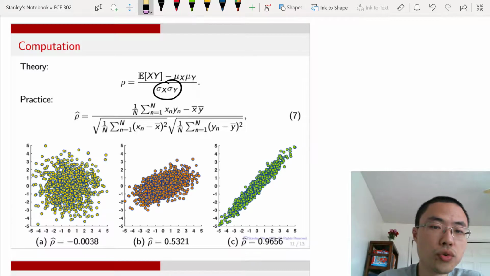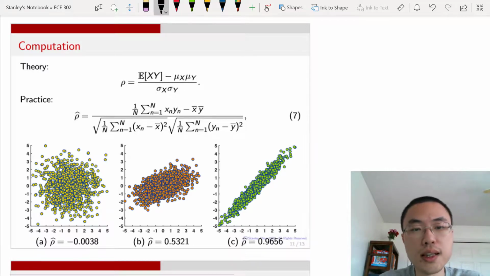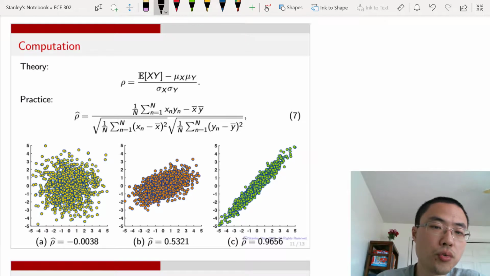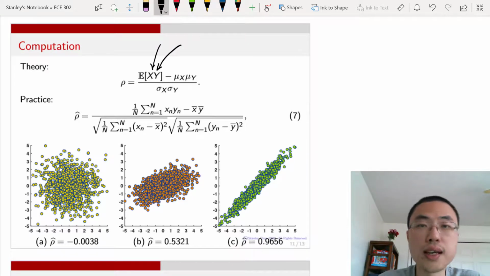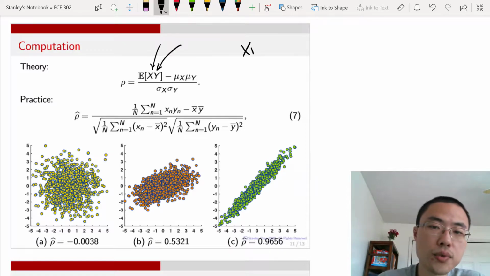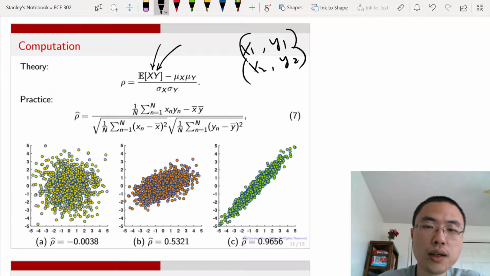Each individual term in this definition can be approximated by your data set. When I say this, I mean that you have two random variables, x and y. You have a data set that contains x1, y1, x2, y2, and so on up to xn, yn.